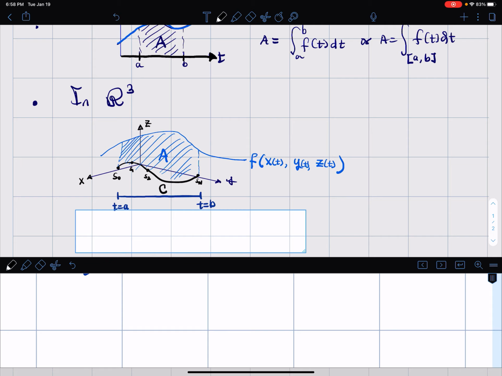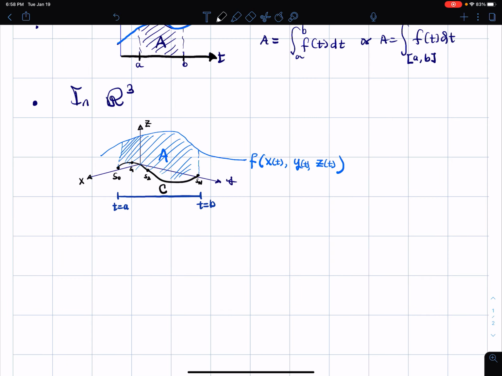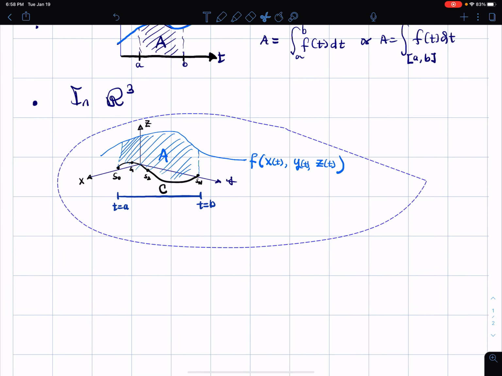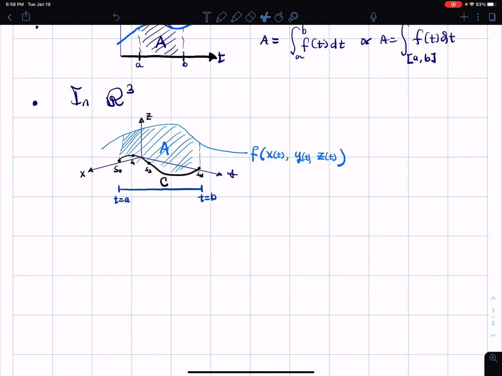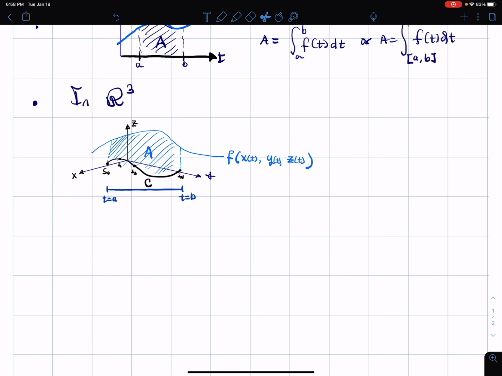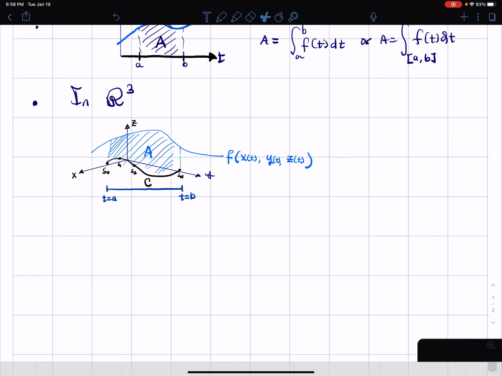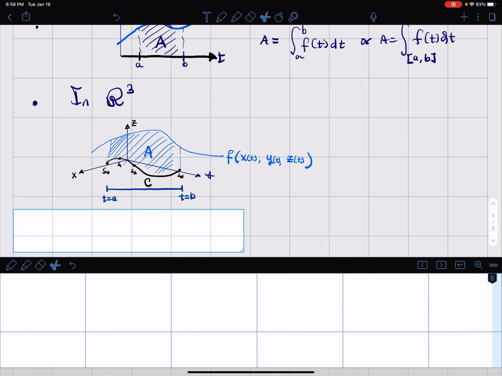Let's do some development. Let's try to look at the relationship between S and T first. What do we know?